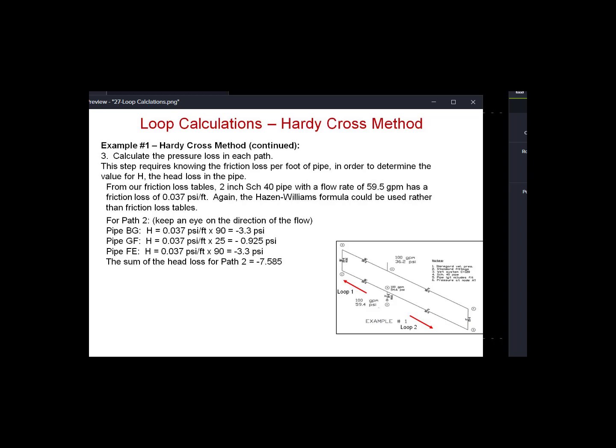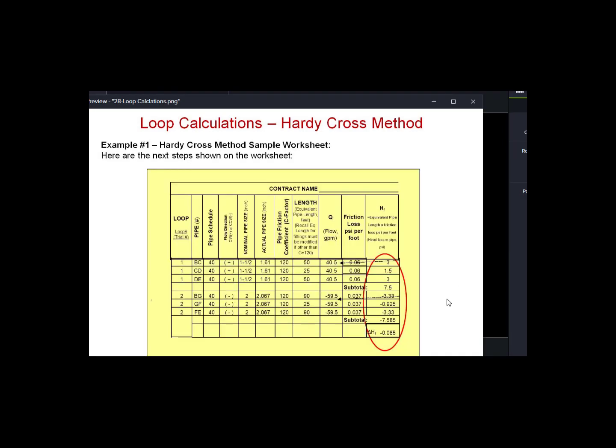Pipe GF is equal to 25 feet times 0.037, or 0.925. Pipe FE is equal to 90 feet times 0.037, or minus 3.3 psi, don't forget the minus. The sum of the head loss for path 2 is equal to 7.585. This is what our calculations would look like on our worksheet.